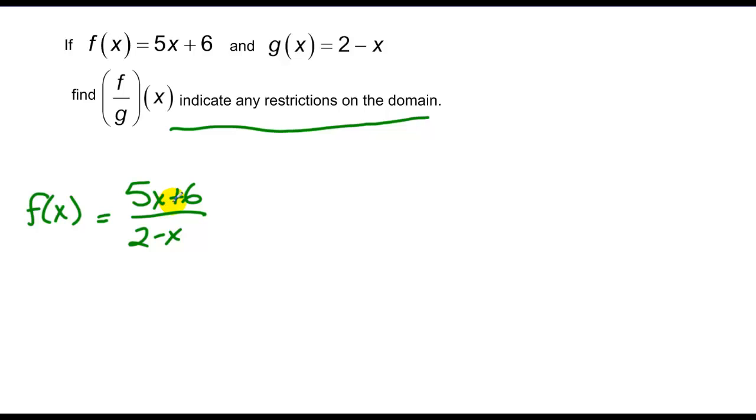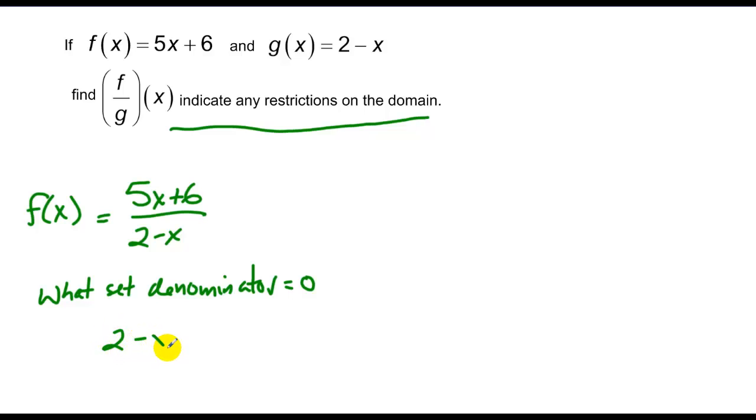Now, when we talk about the domain of a rational expression, we say, okay, we haven't graphed these yet, but we know that in fractions, the only thing that is bad for a fraction is to have a 0 in the denominator. So if I were to have 0 in the denominator, this function would be undefined. So in order to find a restriction on the domain, we ask what sets the denominator equal to 0.